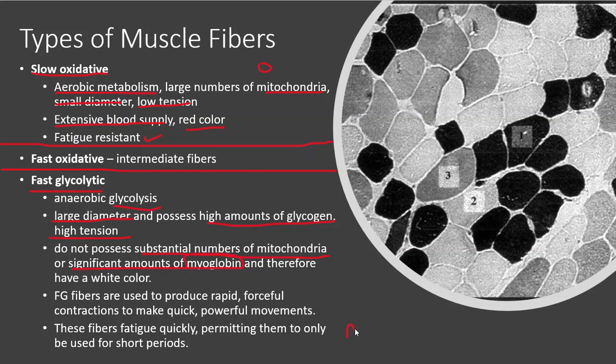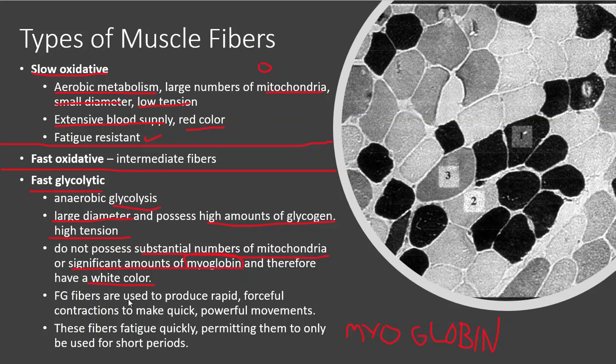We haven't talked about it yet, but myoglobulin is, you know how hemoglobin in the red cells carries oxygen? Myoglobulin is a storage mechanism for oxygen inside the muscles. So in addition to storing their own sugar, they also store some oxygen. So these guys don't have a lot of myoglobulin, and these guys are going to be wine in color.